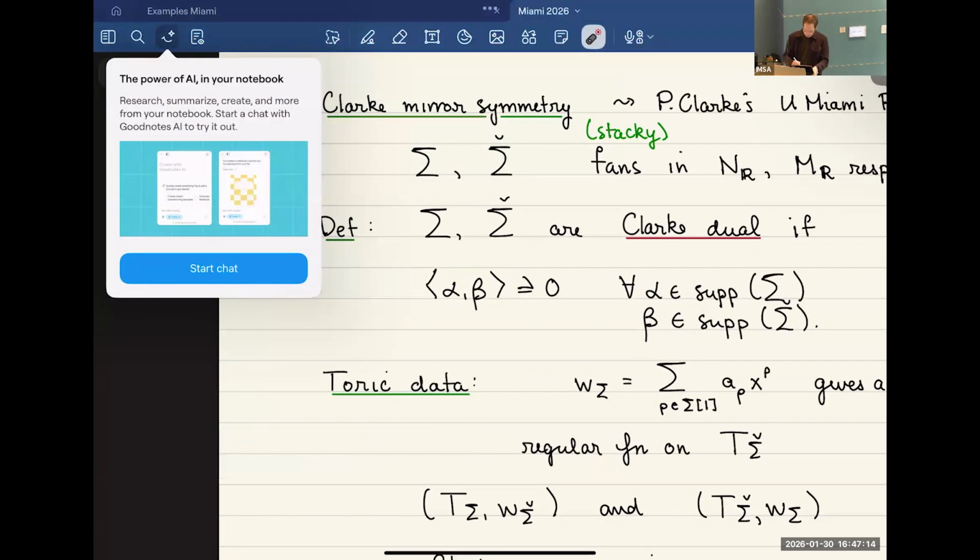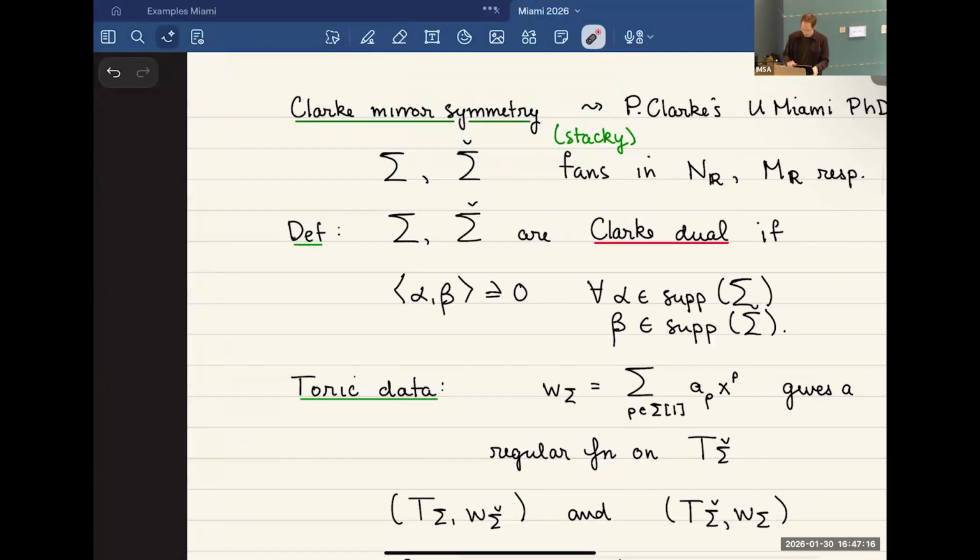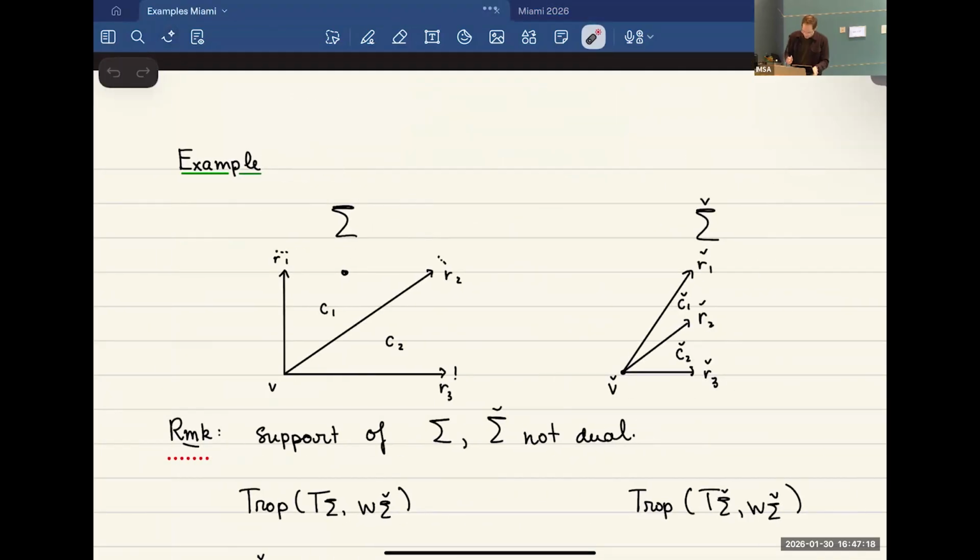Okay, so going back. I just want to emphasize the fact that these don't need to have dual support. That's all. It's not a very serious remark. So what is dual?